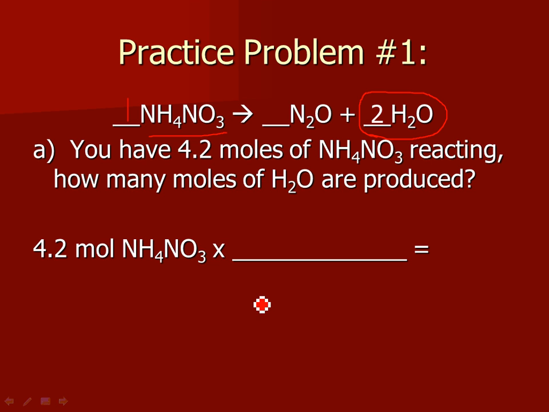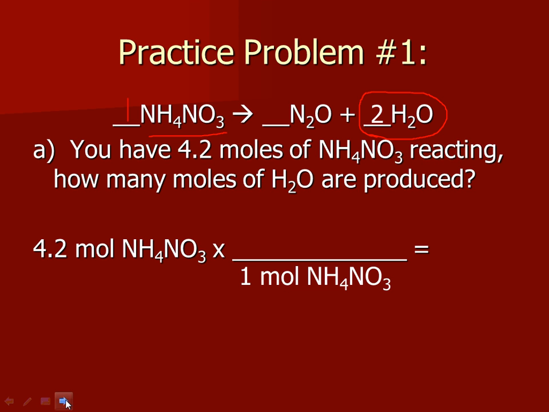What that tells you is that for every 1 mole of NH4NO3, when it decomposes, it's going to make 2 moles of water. So using this in a formula, if there's 4.2 moles of NH4NO3, because we want the moles of NH4NO3 to cancel, it becomes important to write the name of the substance, not just that 1 mole like we were doing in the last chapter.